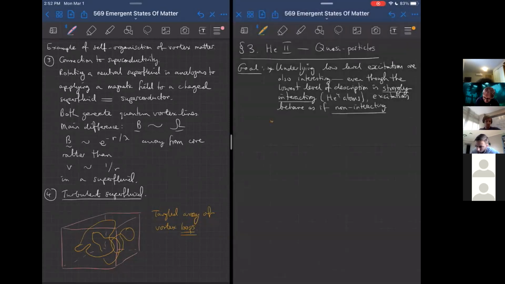So the properties of these effectively non-interacting degrees of freedom are determined by the lower level degrees of freedom.